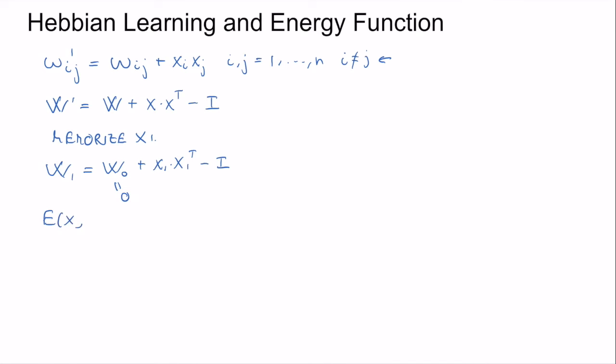And let's just compute the energy at a particular point, say at the generic point x. So the energy at x is going to be equal to minus 1/2 of x transpose times W1, my matrix of weights, times x, right? Because now this in BAMs was y, but now input and output are the same, so now we have x.